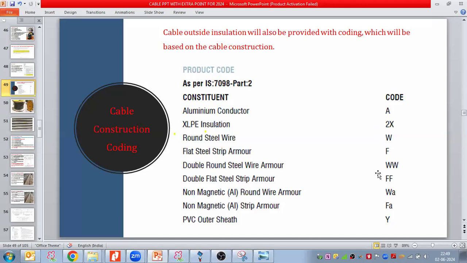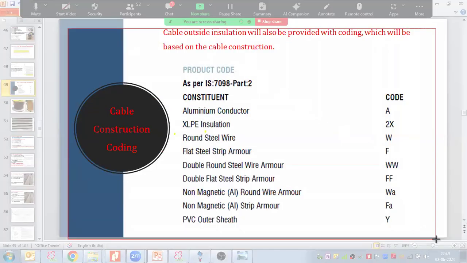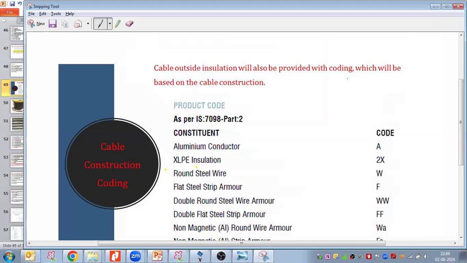So if you are taking the aluminum conductor, then the coding we have to use is A. This coding is needed because when we take the cable, we cannot cut it and we cannot see all the internal components. So the cable manufacturer has to do embossing, marking on each 1 meter length of the cable on the outer side.